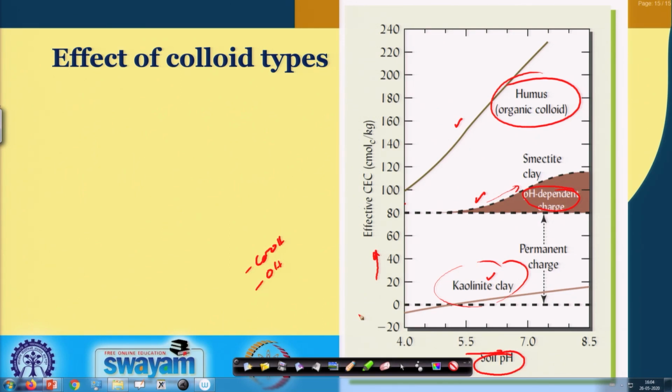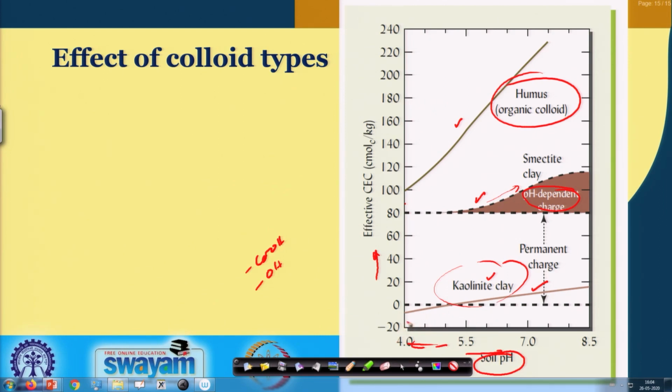organic colloid discussion. Now, in case of kaolinite, you can see they produce both positive and negative charge with the increase of pH, because they depend on pH dependent charge. However, when the pH is low, that means the soil is acidic, you can see the effective CEC is somewhat negative.